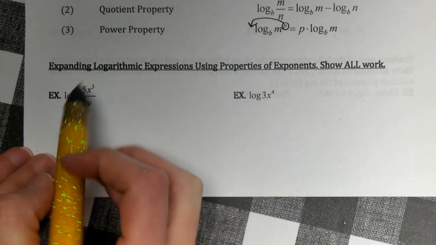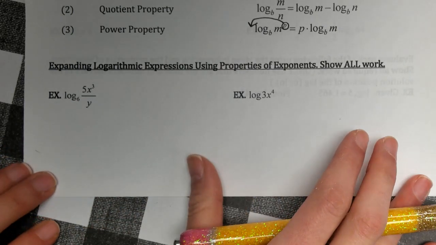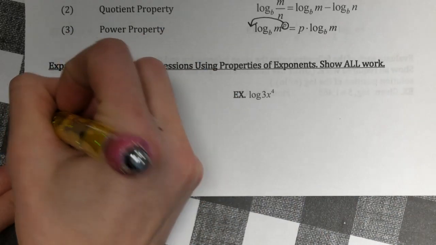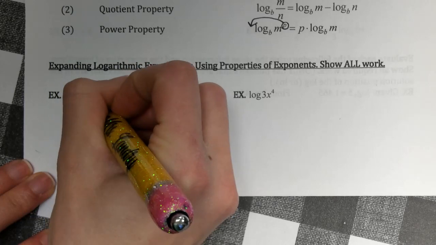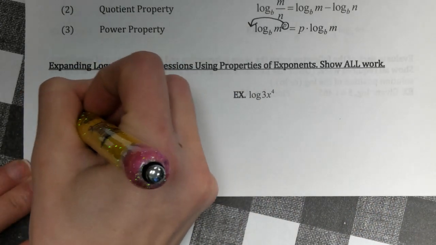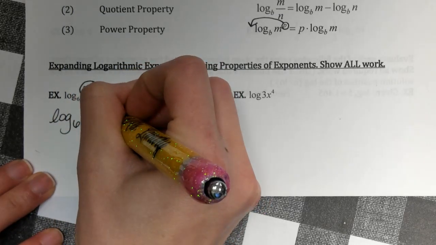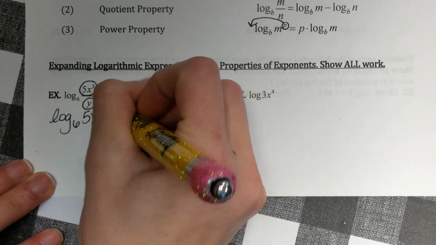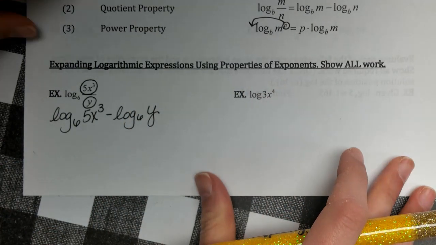Okay? So if I have log base 6 of 5x cubed over y, I'm taking my numerator and separating it from my denominator. So that means log base 6 of 5x cubed. It's division, so I'm going to subtract log base 6 of y. Okay?